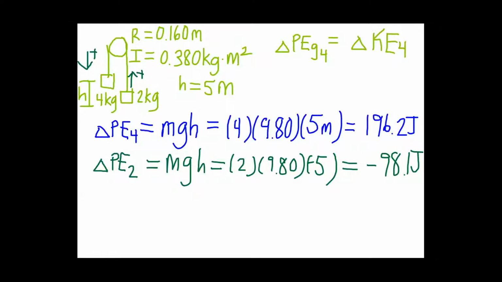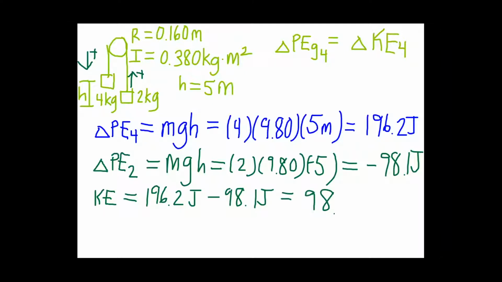So looking at this now, we know that it starts with 196.2 joules of energy, and we know that 98.1 joules of that energy must be lost due to raising up P2, meaning that the kinetic energy in the second half of the system must be equal to 196.2 joules minus 98.1 joules, which will give us 98.1 joules total.